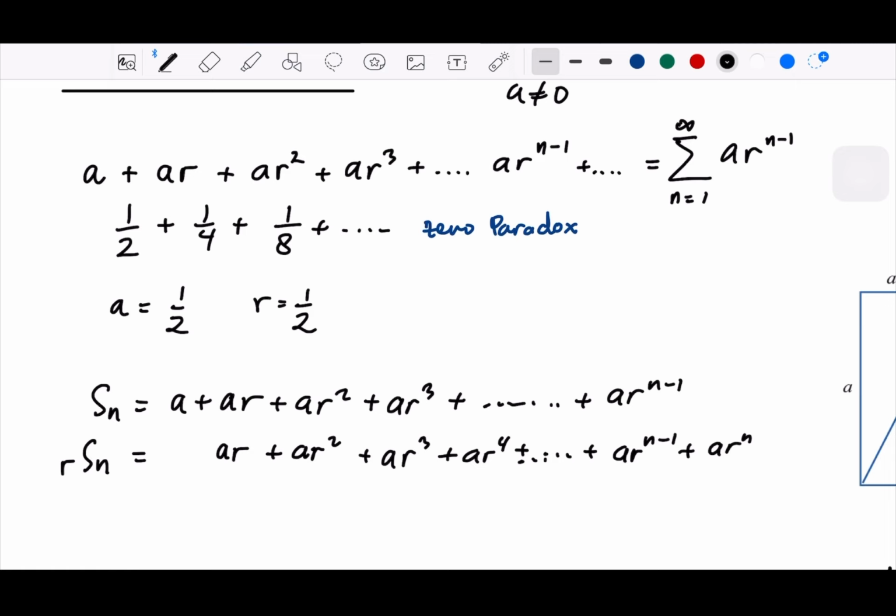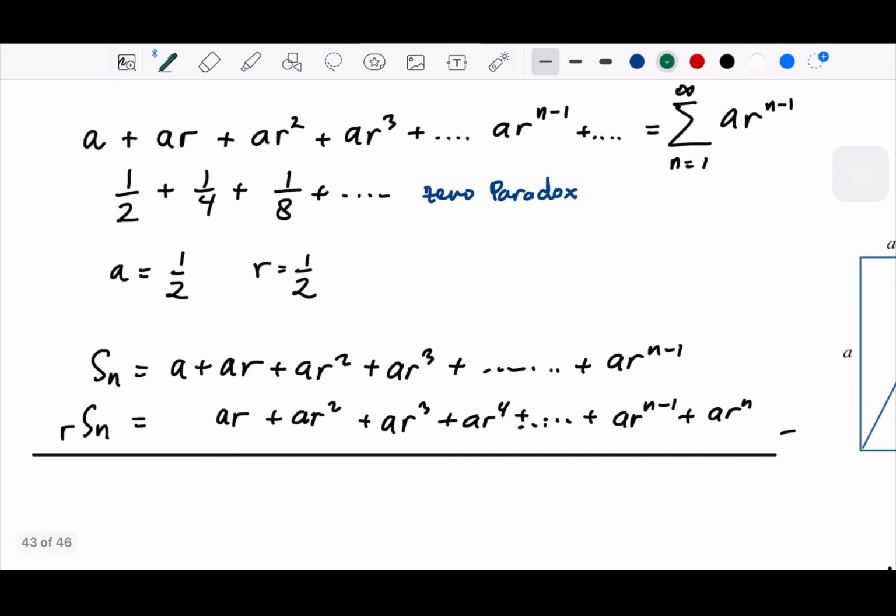Okay, so we multiply with R, and then what we are going to do is subtract. So all the terms in between the first and the last term will be cancelling.